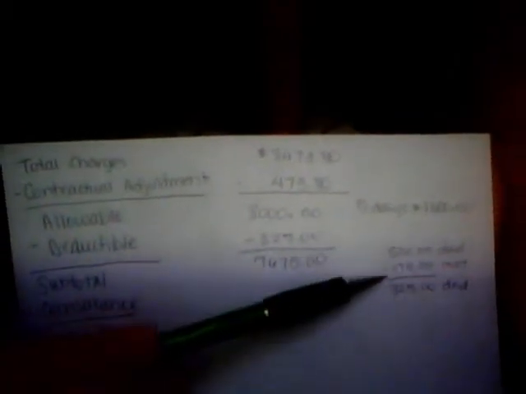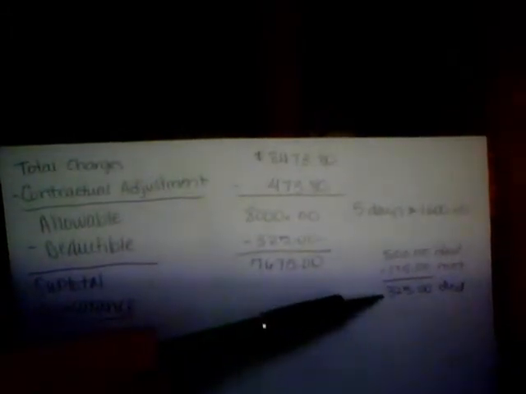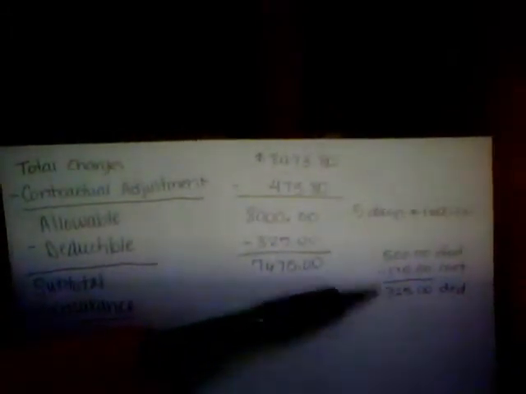We figured over here she had a $500 deductible, of which she had met $175, leaving us a balance on her deductible of $325. So I'm going to plug that $325 in here on the deductible. When you do that subtraction, you get your subtotal, which is $7,675.